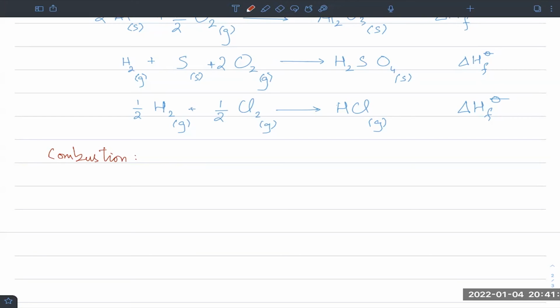How will we know the states of the products at room temperature? Usually the ones that they give us are the ones that you're familiar with in AS. And sometimes if there's a new compound, they just give you the state for that thing. So for example, if they give you ammonium chloride and you're not sure if it is solid or not, one way you can figure it out is what kind of bonding it has.